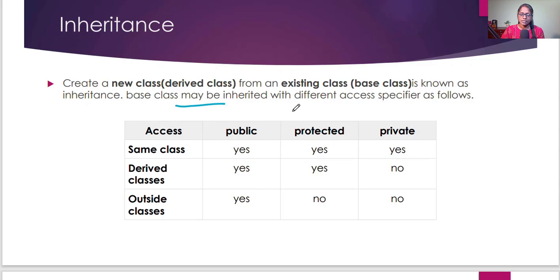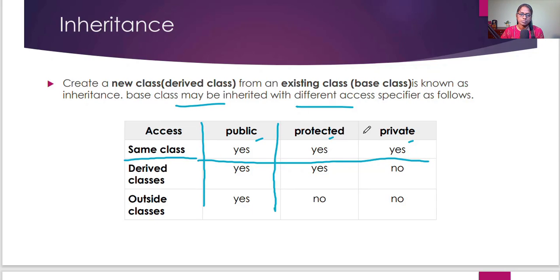So this base class may be inherited with a different access specifier. The different access specifiers are public, private and protected, you know, right? If it is private, it will be accessible only in the same class. If you define it as public, protected or private, it is accessible by the same class.